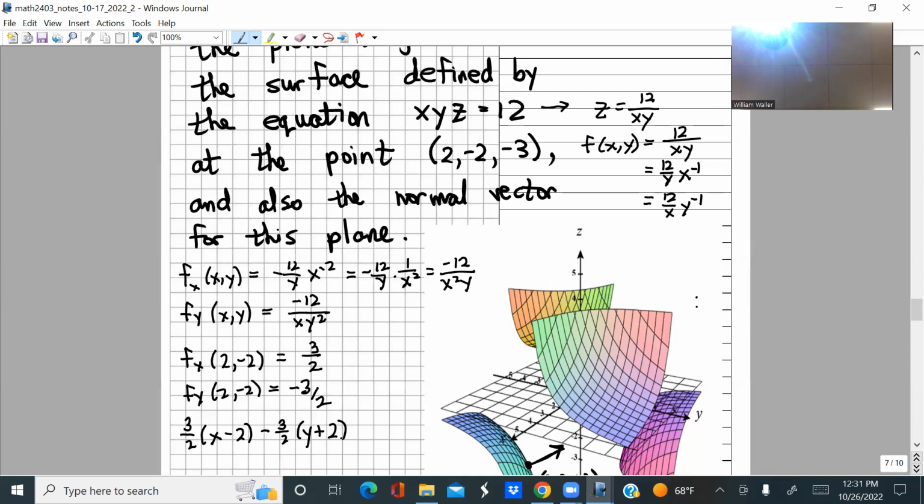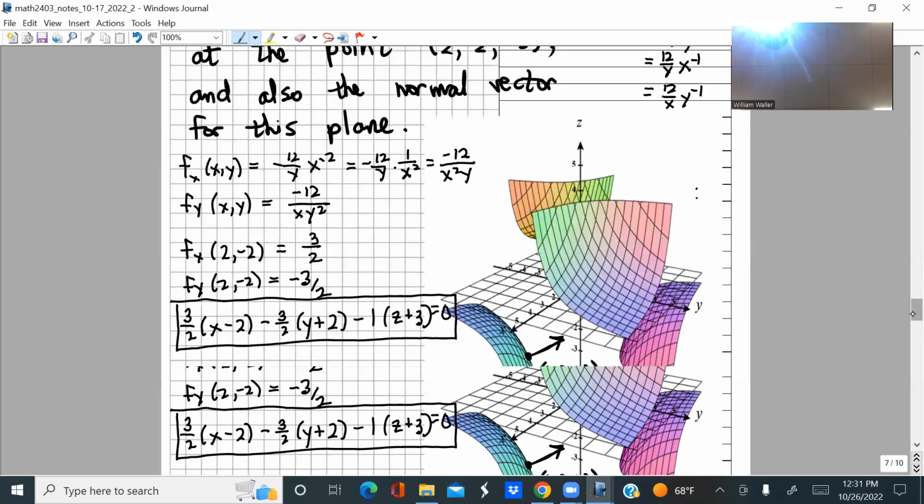And then remember, it's always minus 1 times z minus the z coordinate of your point. So this coefficient is always fixed at -1, and all of this is equal to 0. So there is the equation for the tangent plane.